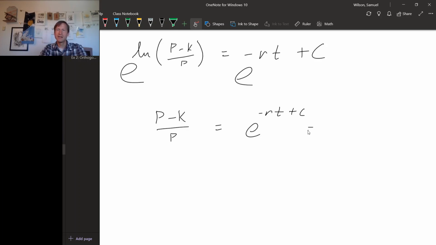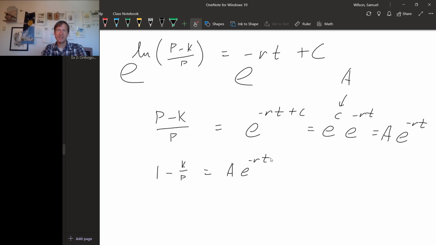plus c. As usual, we can write this as e to the c times e to the minus rt, and then rename e to the c capital A. So capital A e to the minus rt. All right, let's see. Next, I guess we can do this division. So we get 1 minus k over p equals A e to the minus rt.